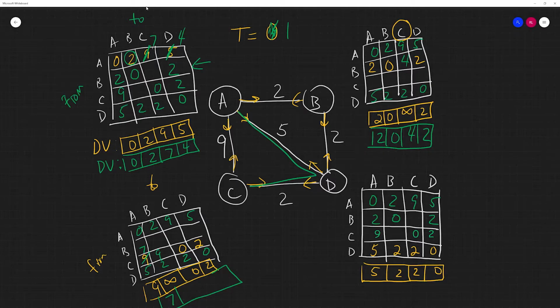And then from A, it can get to B in 2. So that's how I get to 9. 2 plus 5 plus 2. And of course that's much worse than going via D. So that would be 2 and 2. So 4 is going to be the result. But again, it's timing dependent. If I get A's before I get D's, then that value would be the larger 9, just because anything's better than infinity.